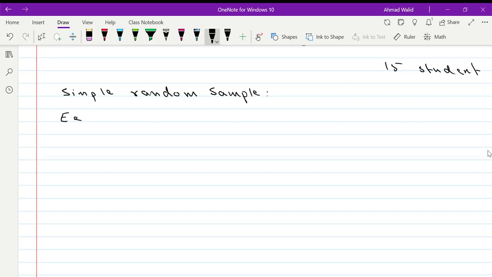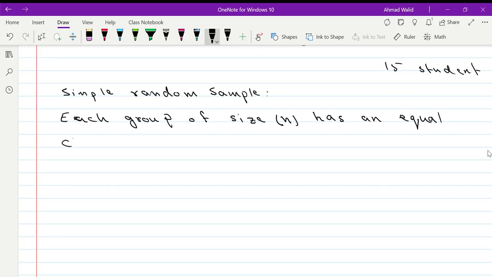Each group of size n has an equal chance of being selected.